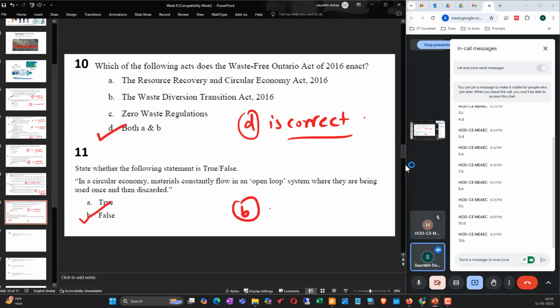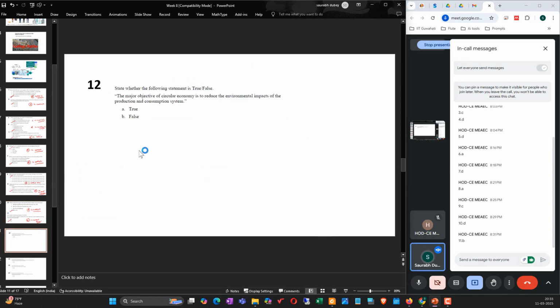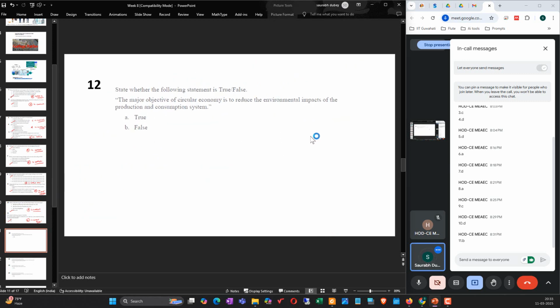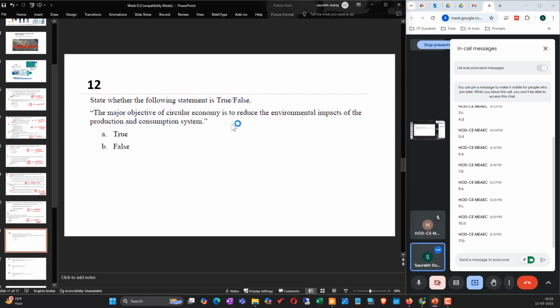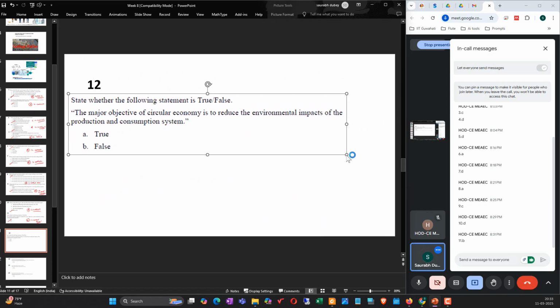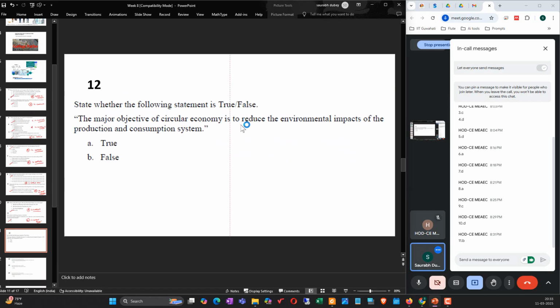So B is the correct answer. Now the next question is this one, question number 12, which says: state whether the following statement is true or false.